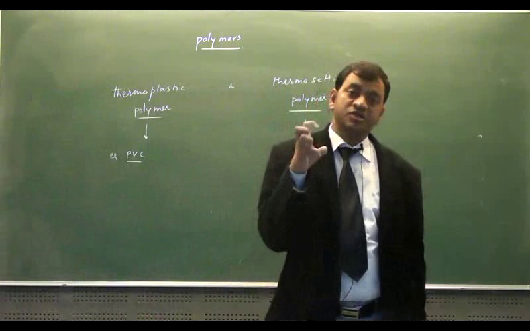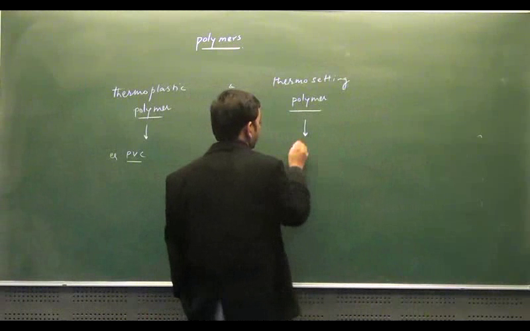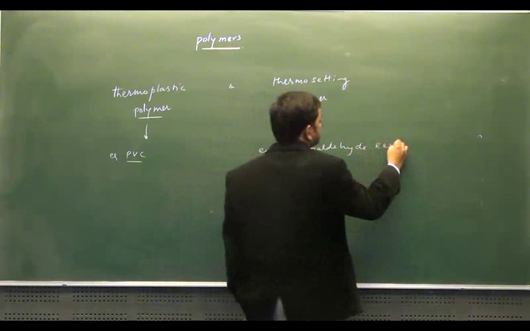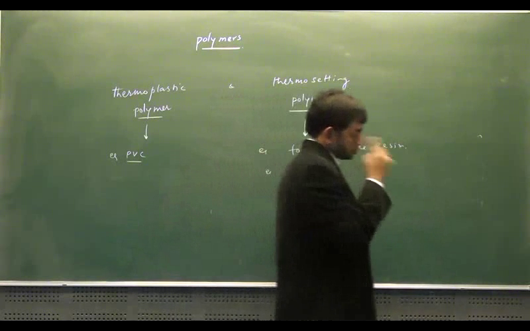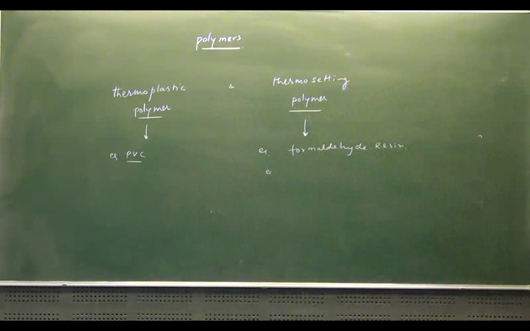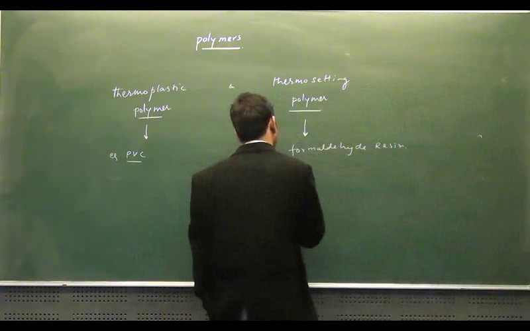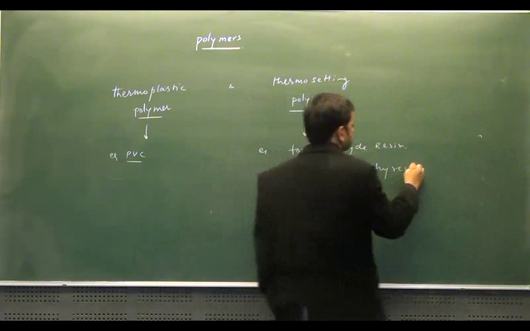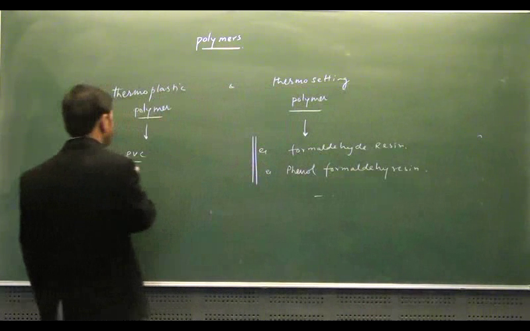Once it is set, once it is given a shape, it cannot be melted again and converted into another shape. Examples are resins like bakelite, formaldehyde resin, melamine formaldehyde resin. Phenol formaldehyde resin, that is bakelite. So they cannot be converted into another shape.